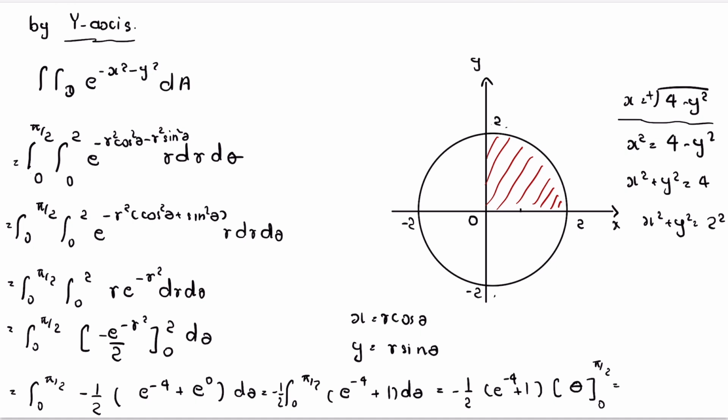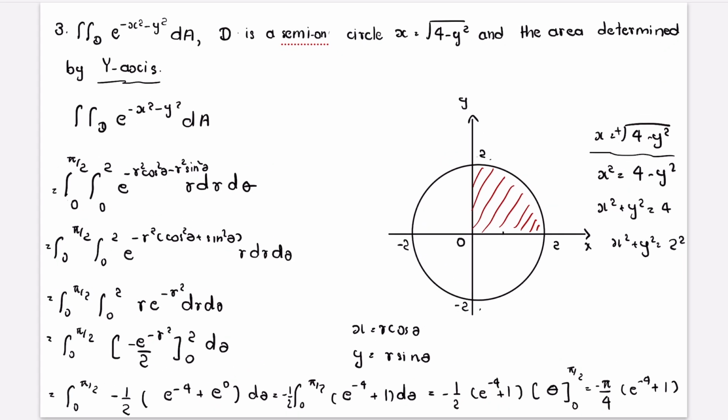When we integrate that, we will only get pi by 2. So minus pi by 4, because 1 by 2 into pi by 2 is pi by 4. e power minus 4 plus 1. Yeah, this is the answer of this question.